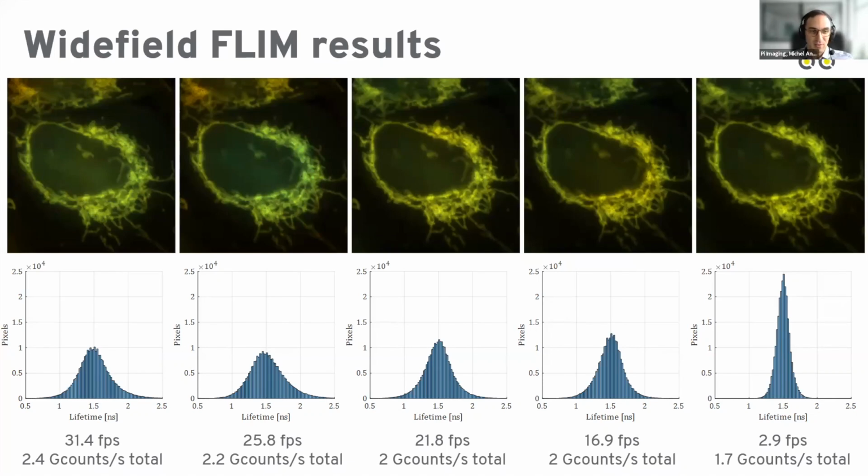At the bottom, you can see the histogram of lifetime, which should directly indicate also the precision, because the sample on the top was labeled only with one fluorophore. You can also see the frames per second highlighted. This is also including all the system overheads of saving and loading data.